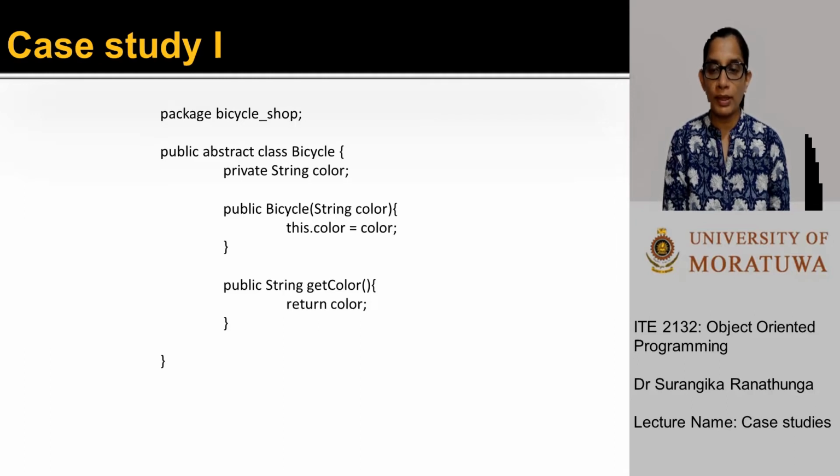So we will not be creating bicycle objects. So to make sure no one creates objects from this bicycle class, we declare this class as abstract. So you won't see any abstract methods here, but we learned that a class can be made abstract even when there are no abstract methods in that class.